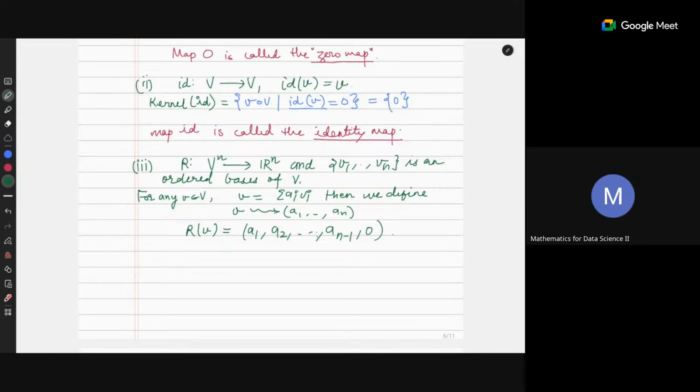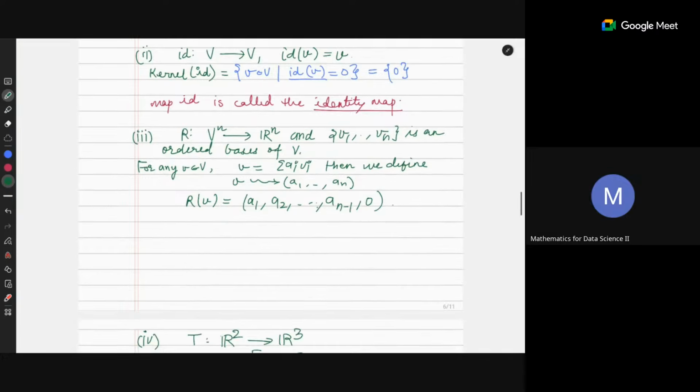Now, what is this map? This map takes the vector and maps it to the coordinates A1, A2 up to An minus 1, and the last coordinate is 0.